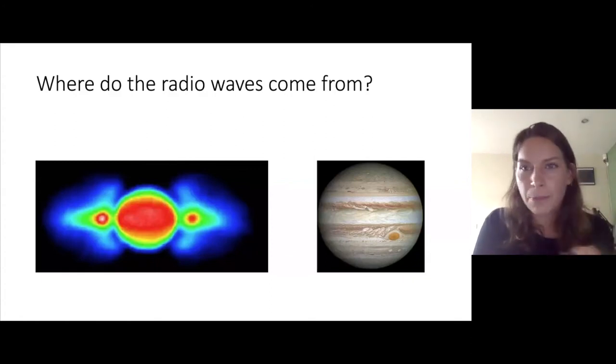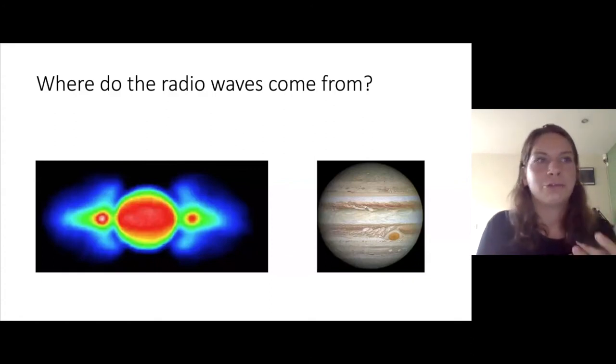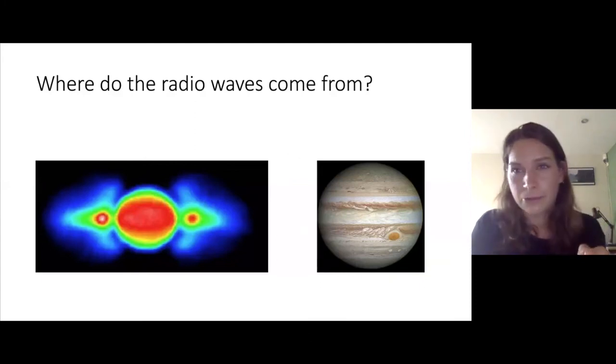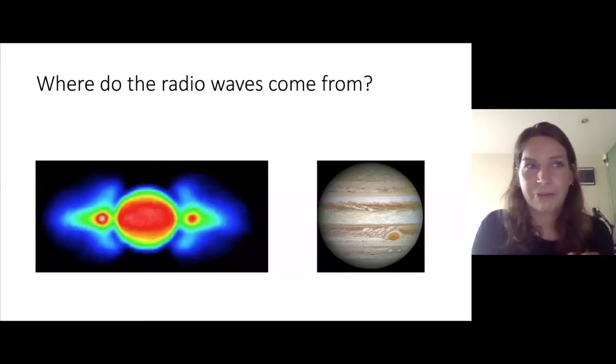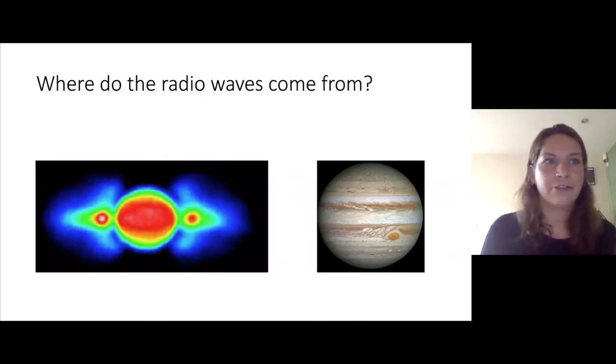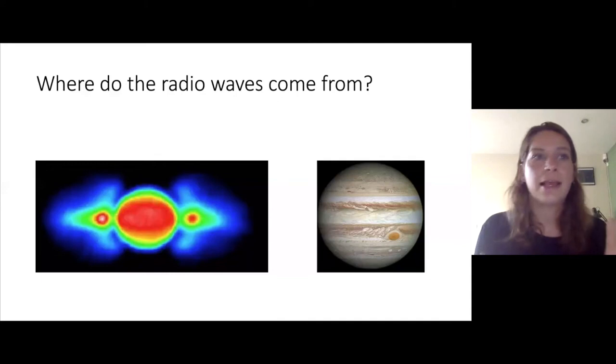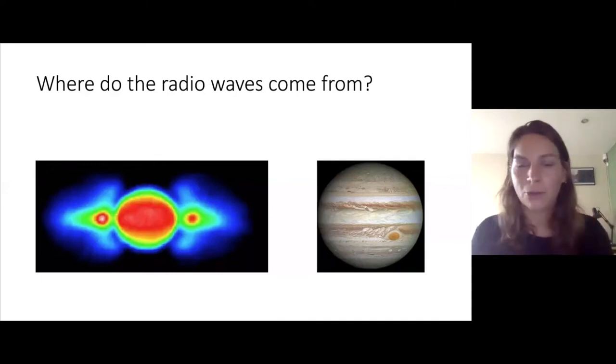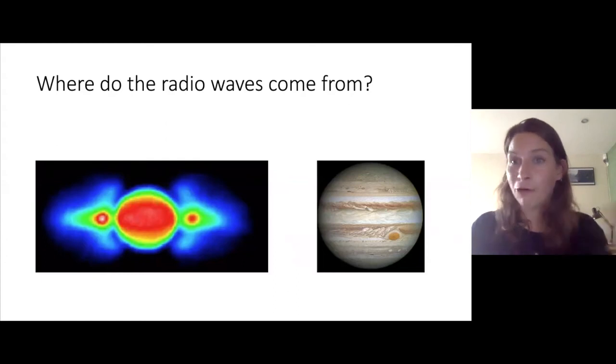This is because the poles of Jupiter are surrounded by a very important physical phenomenon, and that's a magnetic field. When you have a really strong magnetic field, you get electrons, and these electrons spiral along the field lines and can give off photons. Okay, so give off light.